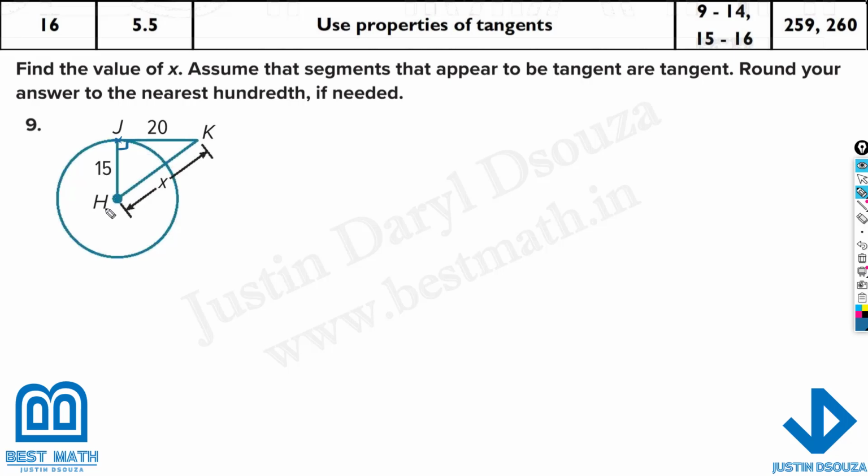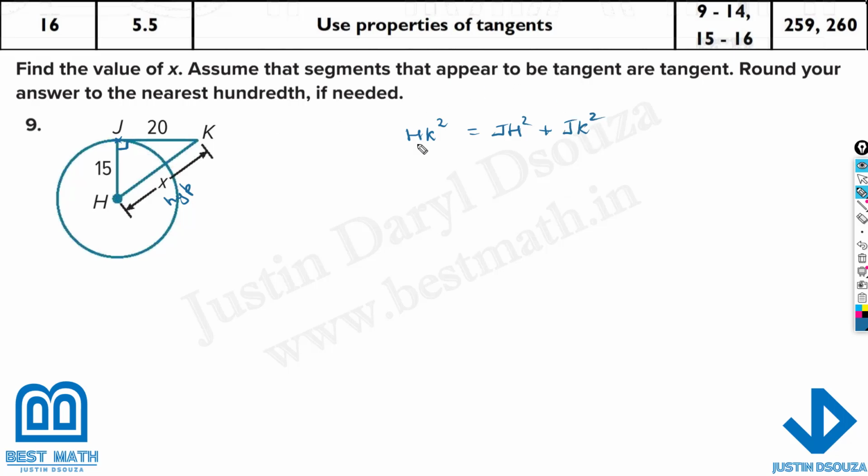For the Pythagoras theorem, we can write HK, that is the hypotenuse. This is the hypotenuse, and these are the other two sides, adjacent to the 90 degree angle. So we write HK squared equals JH squared plus JK squared.